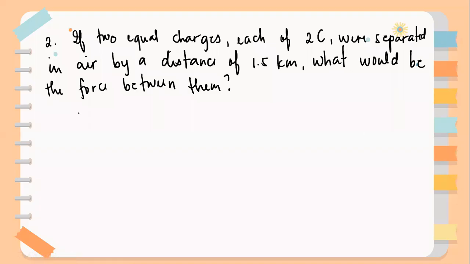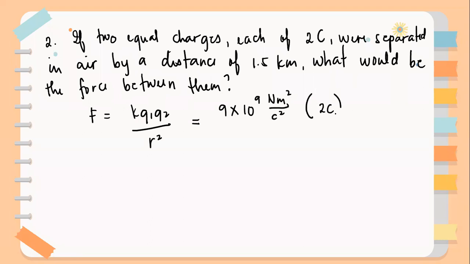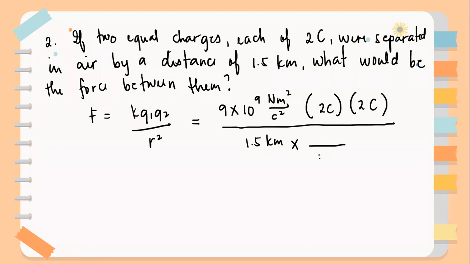Formula: F is equal to K Q1 Q2 over r squared. We have K equal to 9 times 10 to the 9 newton meters squared per coulomb squared, multiplied by 2 coulombs times 2 coulombs, divided by r, which is 1.5 kilometers, times 1,000 meters per kilometer, squared. Kilometers cancel.